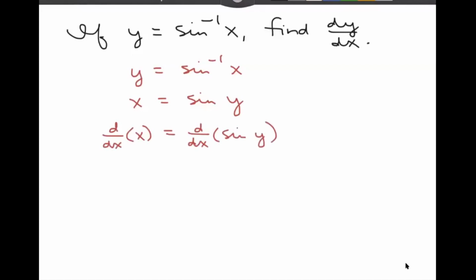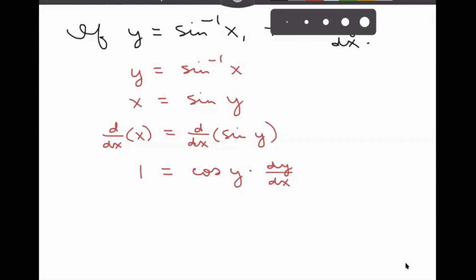We have 1 equals the derivative with respect to x of sine y, that would be cosine y, times dy dx, right? Okay, well, I want to find dy dx, but whenever I find dy dx, if possible, I want to express it in terms of x. So what I am going to do now is divide both sides by cosine y.